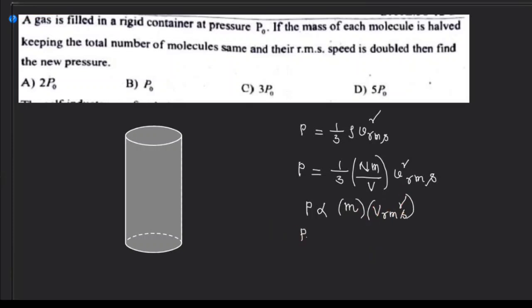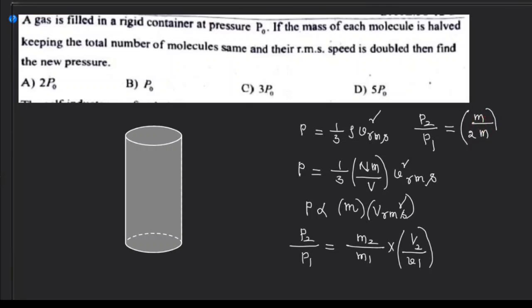Therefore, you could say P2 by P1 is equal to M2 by M1 into V2 by V1 whole square, right? So substitute all the values, you will get it. So P2 by P1 is equal to M2, the mass, which is halved, so M by 2 into M here, right?